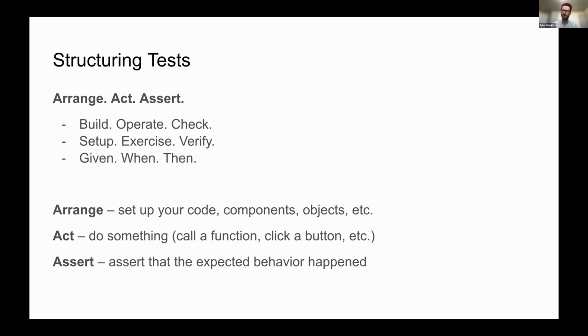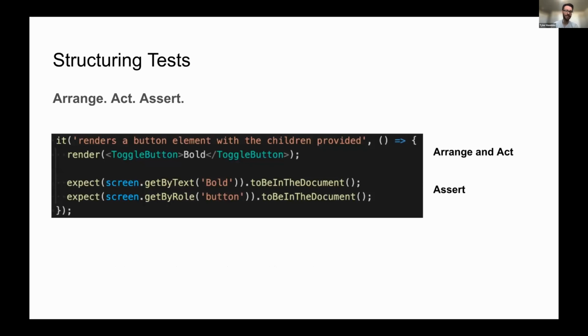So arrange, act, assert. If we want to look at that, I primarily work as a front-end engineer, so this is some JavaScript testing some React code. If you're not a front-end engineer, don't get too hung up on that. All of these principles will still apply whether you're writing front-end or back-end code, and really regardless of what language you're using.